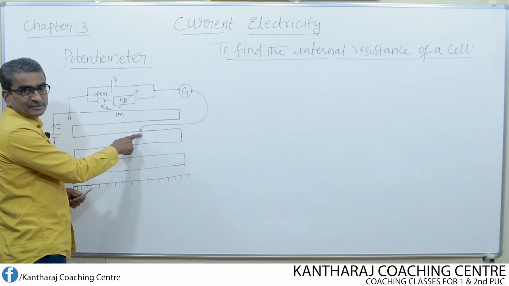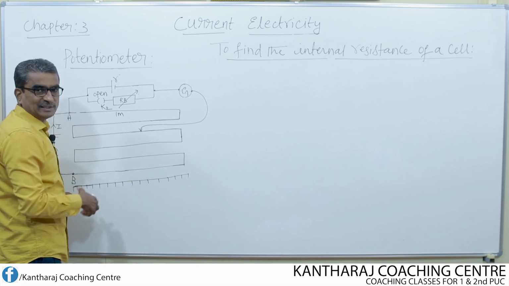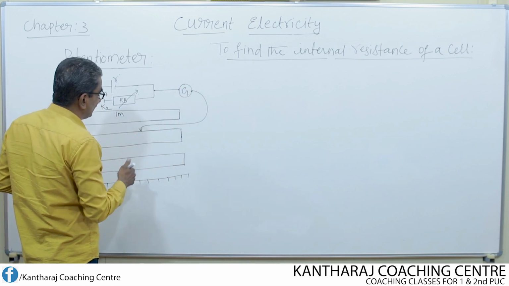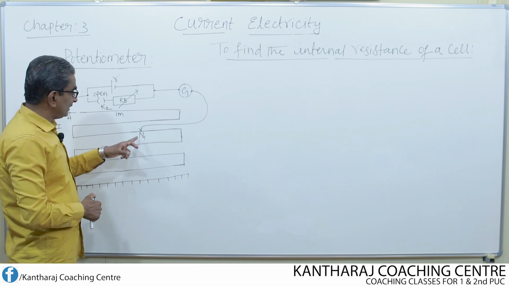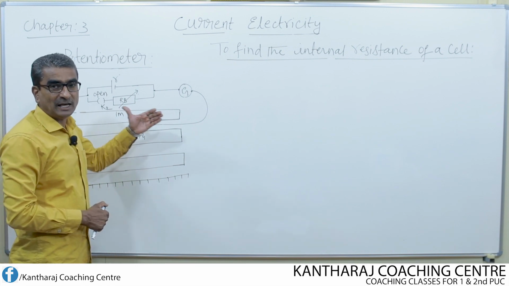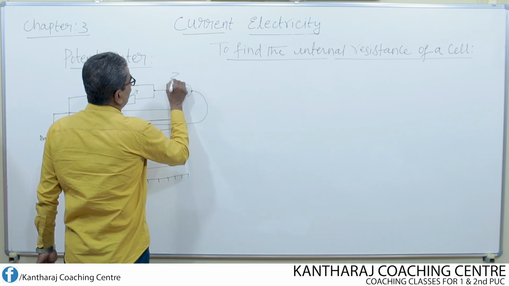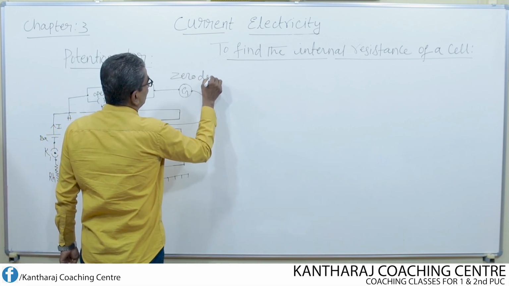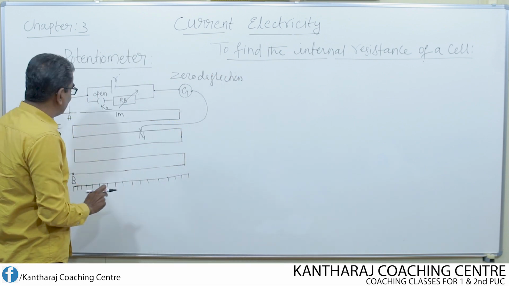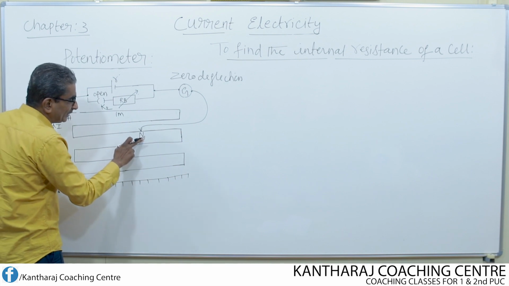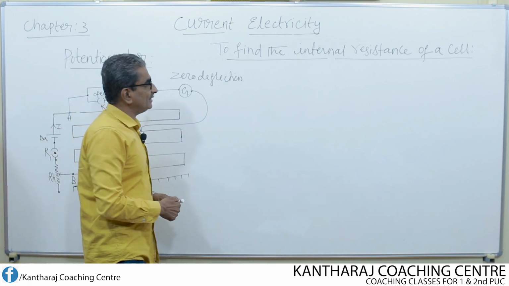Up to this point, if we move the jockey and get null deflection in the galvanometer, I call this N1. N1 is the null deflection point or balance point, meaning the galvanometer shows zero deflection. Now you measure the length from A to N1. That gives the balancing length L1.